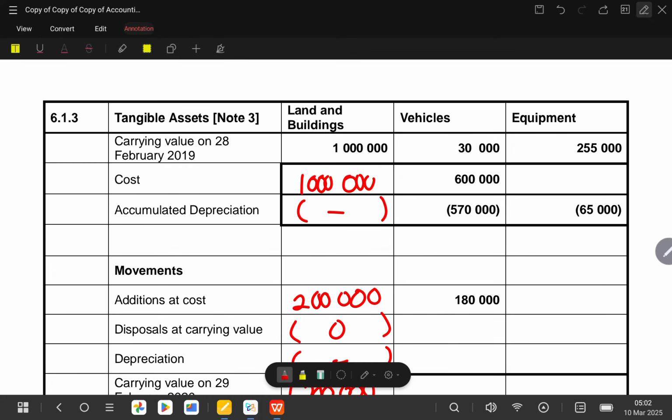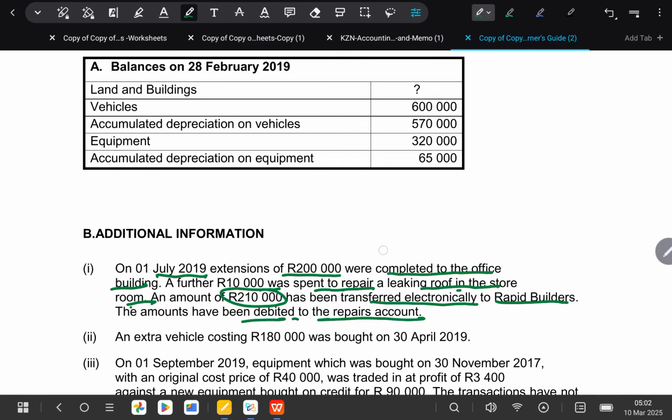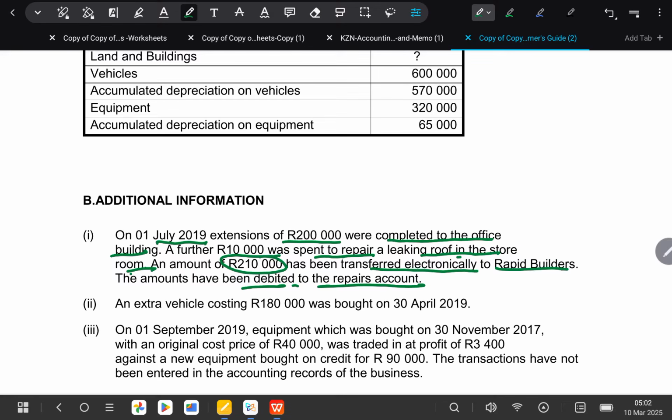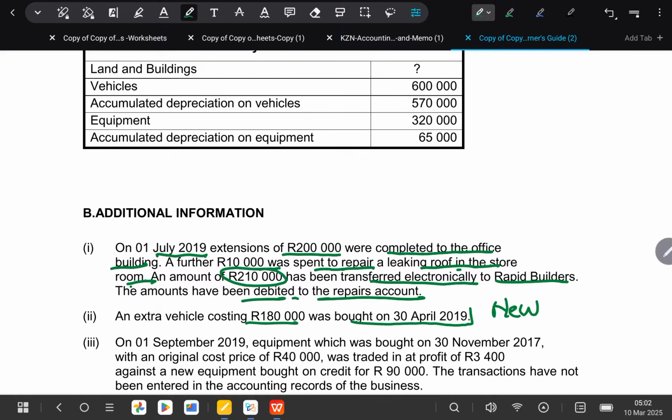After that, the next part is what they want you to show. They are saying that a vehicle costing 180,000 was bought on 30 April 2019. Remember, this is your new vehicle. You need to check, remember, you have been asked to calculate depreciation, so you must be careful about that.